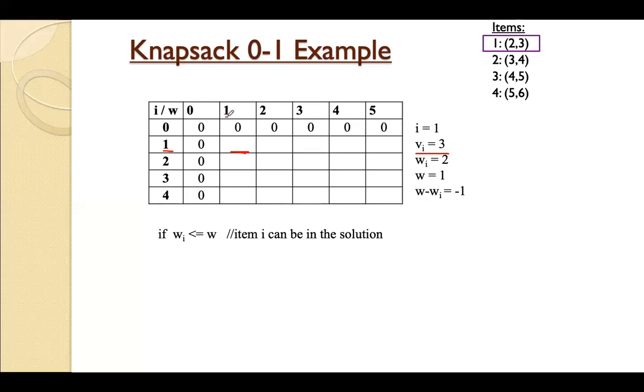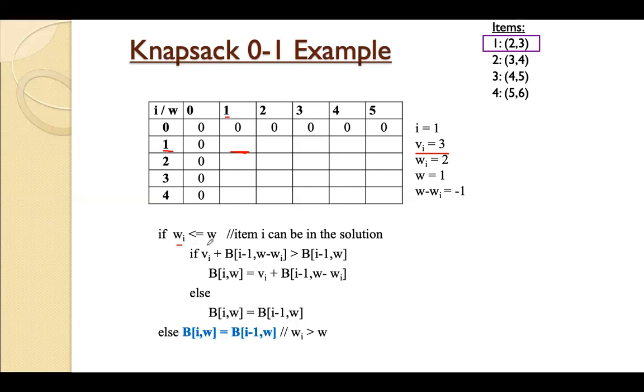Here the column values 1 2 3 4 5 indicate the weights of the bag. So the item weight is 2, it cannot be placed in the first place. So we'll write this 0 as it is.